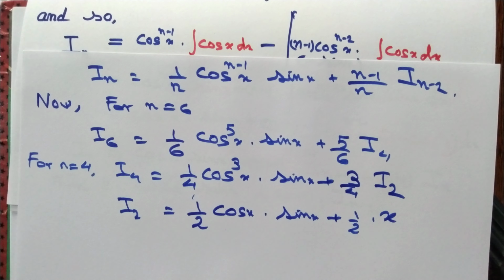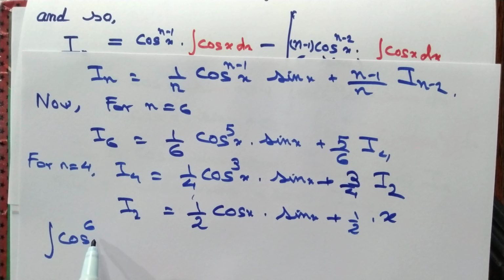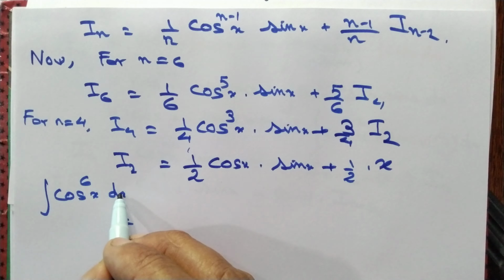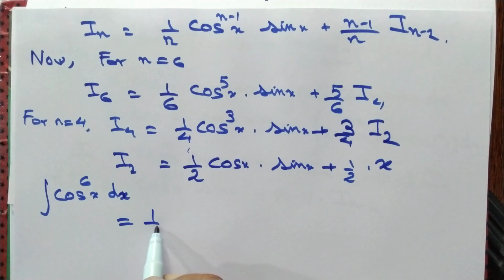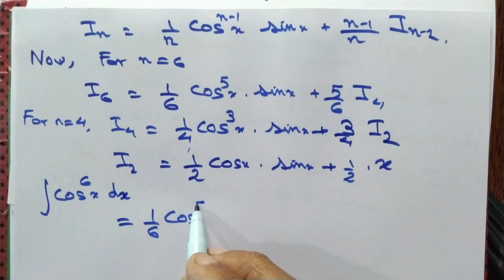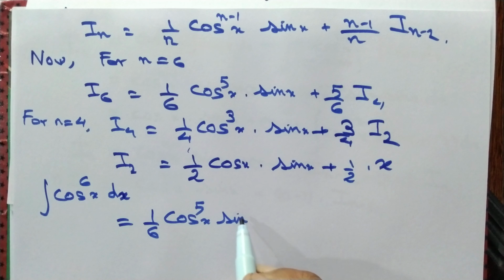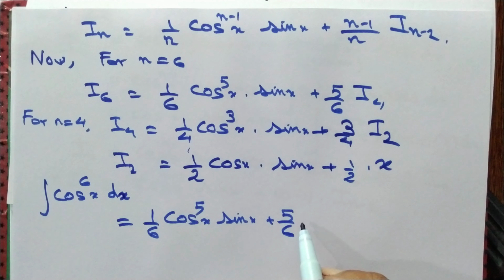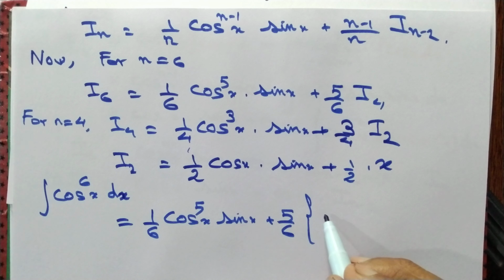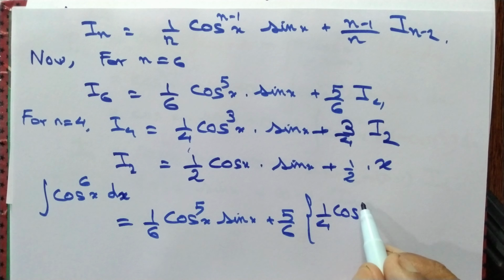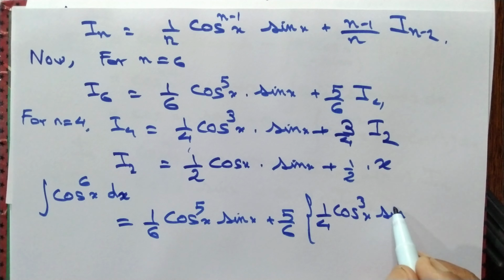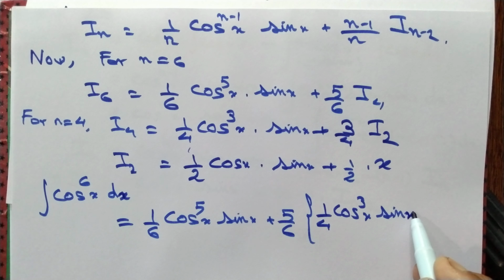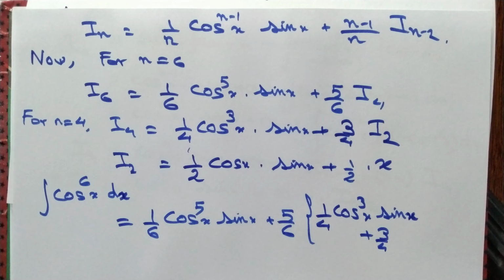Now we simply need to plug in the values of I_4 and I_2 and we get the result. So the integral of cos to the power 6 x dx equals 1 by 6 cos to the power 5 x times sin x plus 5 by 6 times I_4, where I_4 is 1 by 4 cos cube x times sin x plus 3 by 4 times I_2.